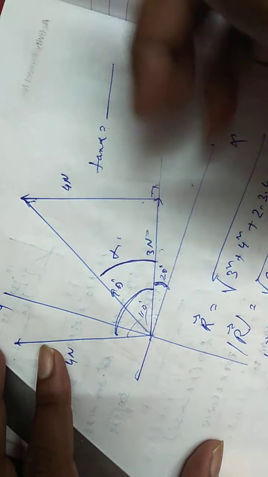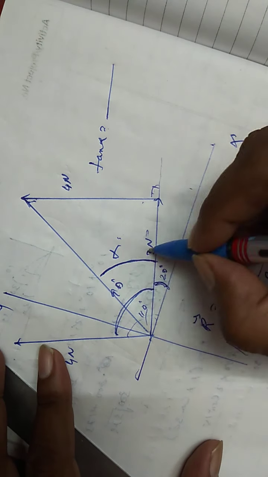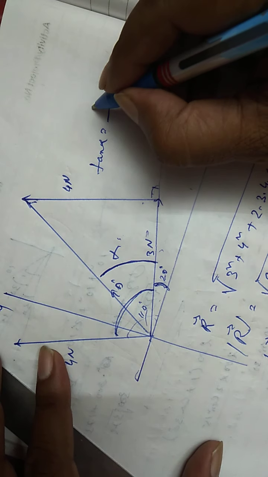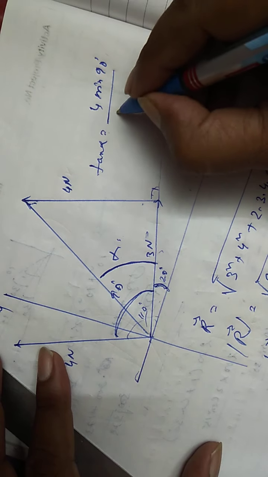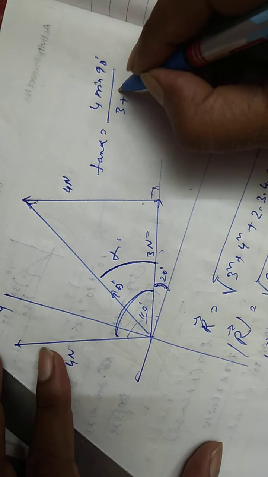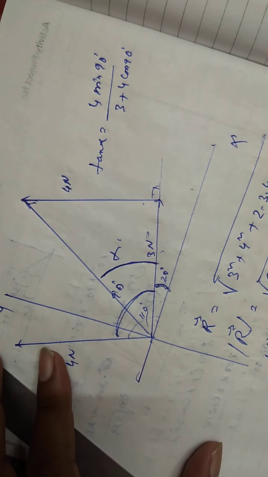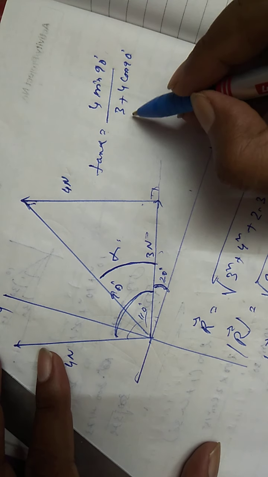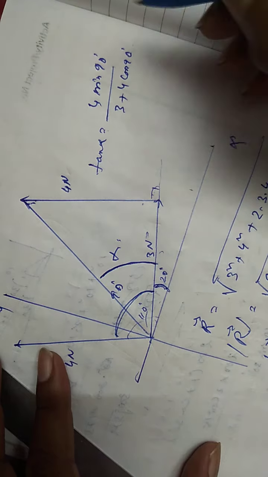This is your A, this is your B, and this resultant is making an angle alpha with A. So tan alpha is 4 sine 90 degree divided by 3 plus 4 cos 90 degree, and theta is 90 degree here.